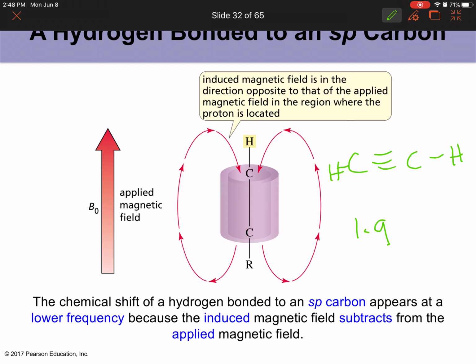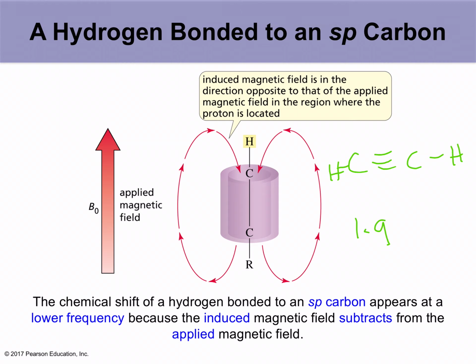And that is because of the direction of the magnetic field. This is the direction of the magnetic field induced by the alkyne's cylinder. So this is the alkyne; if you draw it like that, you can consider it a cylinder. The direction of the magnetic field induced by the alkyne cylinder of pi electrons, in the region where the proton is located, is opposite to the direction of the applied magnetic field.